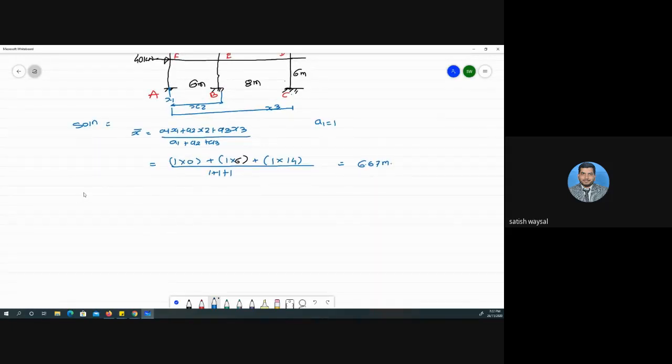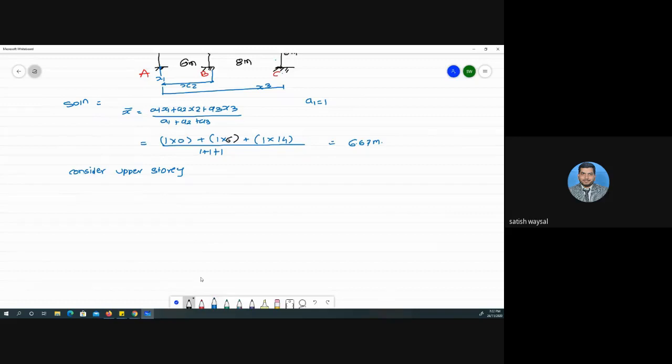We'll write down here, considering only the upper story. See that these problems are lengthy, but easy to solve. Considering the upper story, there are 3 members, and one horizontal load of 20 kilonewton acting over here, and this distance is 2 meter.